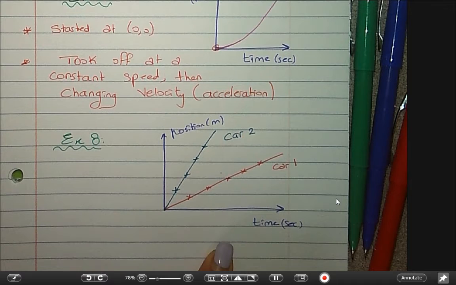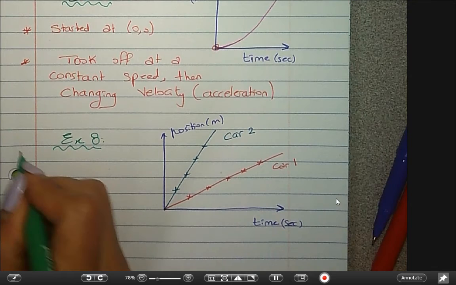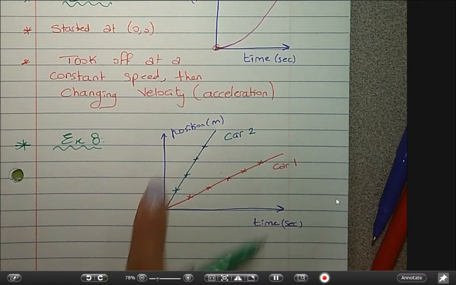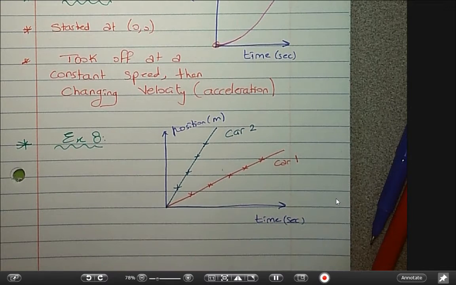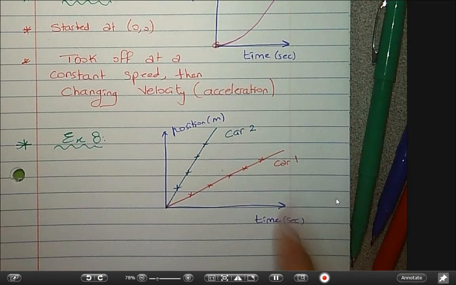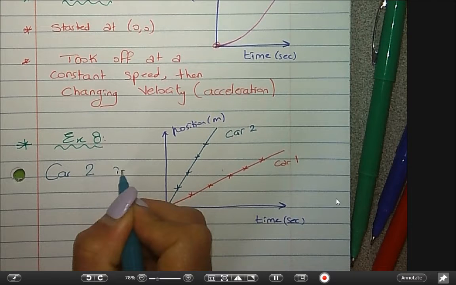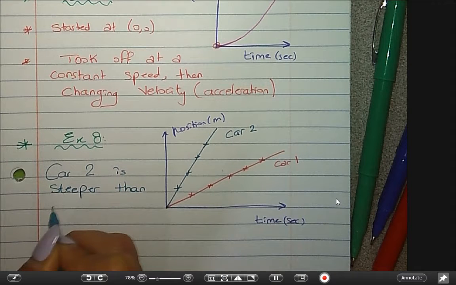So this is again a graph of time versus position. So when you look at this, what do you see? You see two cars. One of them is steeper than the other. Which one is steeper? Car 2. So it seems like car 2 is steeper than car 1.